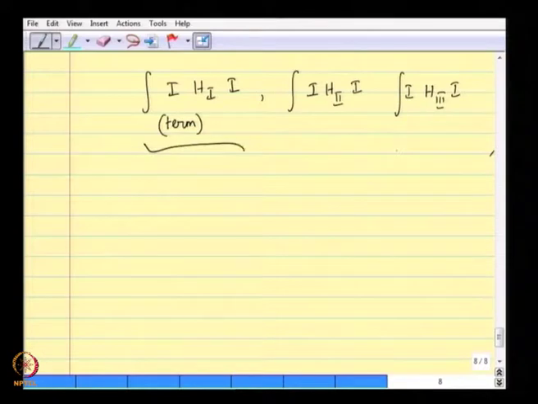This involves the first term on both sides, and likewise you have 1 on the left and 2 on the right, 2 on the left and 1 on the right, and 2 on the left and 2 on the right. So into 4, a total of 12 terms are there.